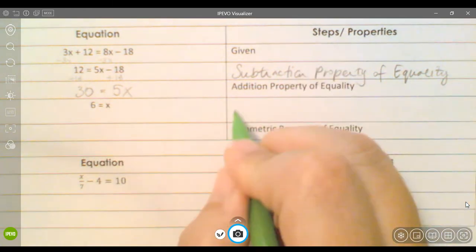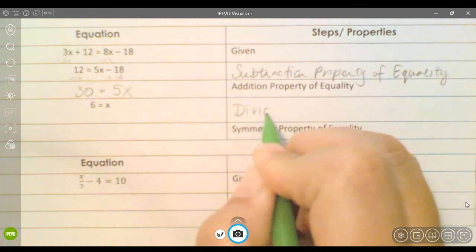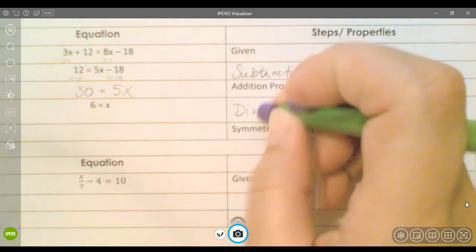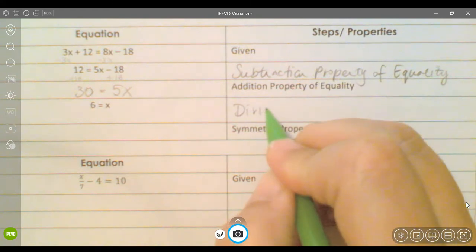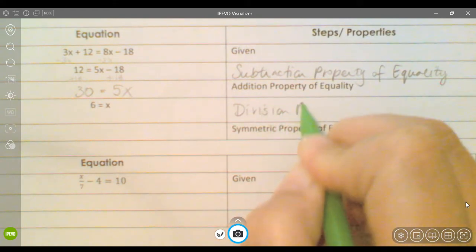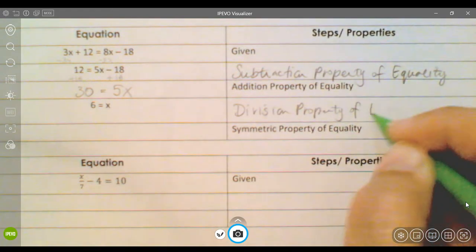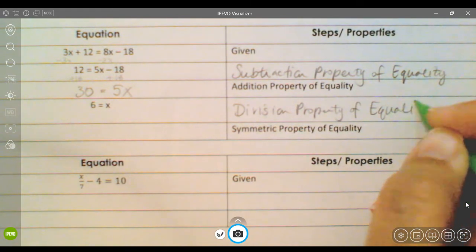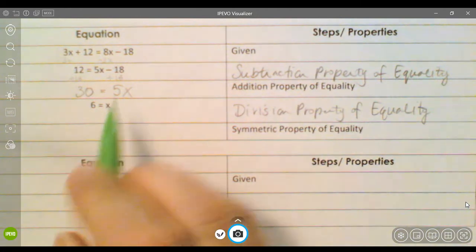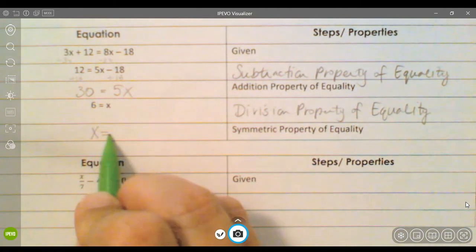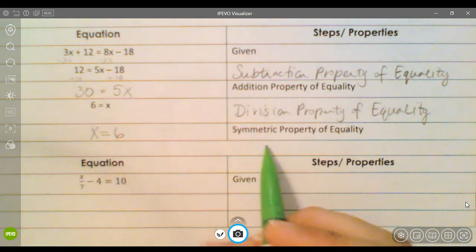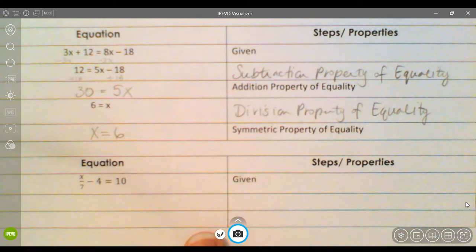It looks like I divided both sides. Division property of equality. I divided both sides. And then remember, if you're like me, you like to turn this around. x equals 6. The symmetric property lets me turn it around.